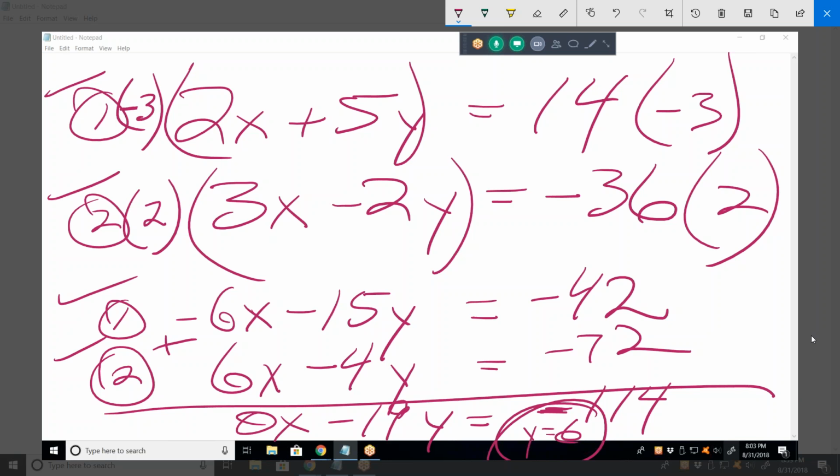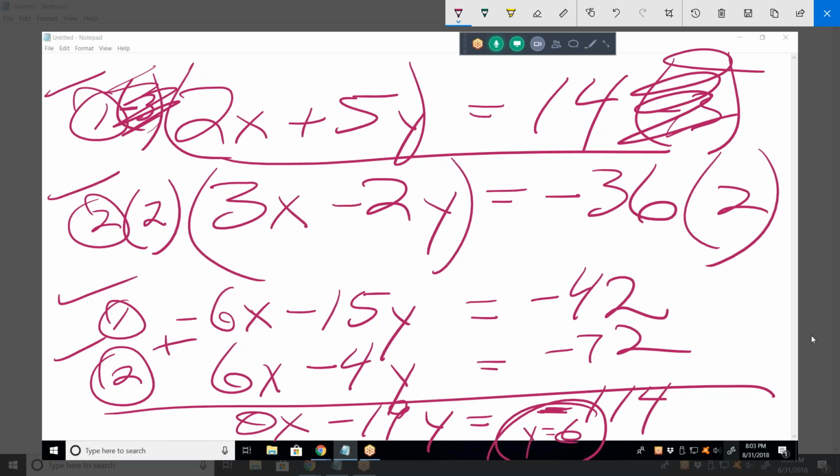Oh, here's the 2x and a 5y and a 14. The second one has a 3x, a minus 2y, and a minus 36. I like that one better. Before I multiply by minus 3. I don't need to use the minus 3 multiply, but I'm going to be able to solve that one really easy. I know y is 6, so what do I got?